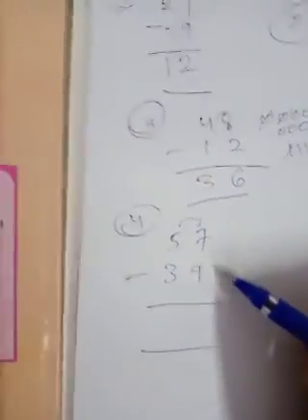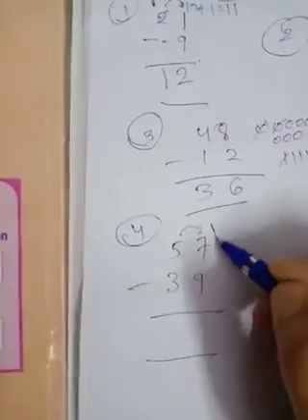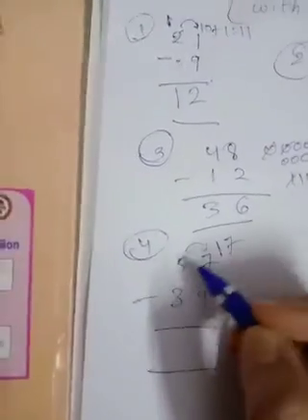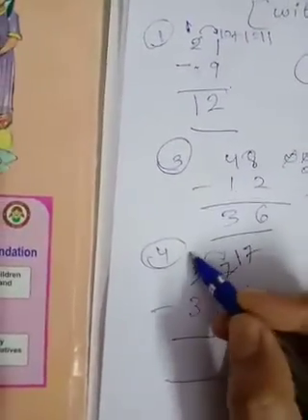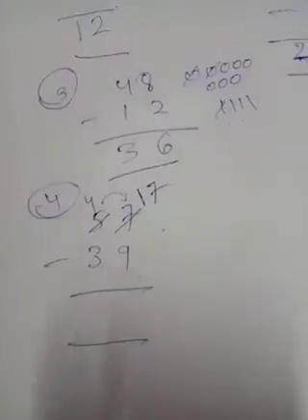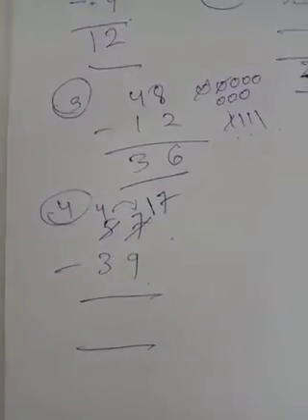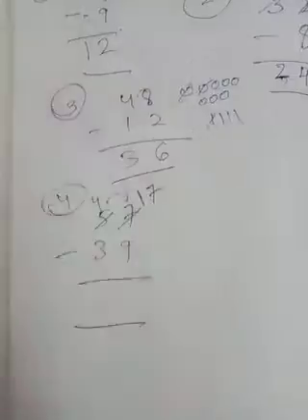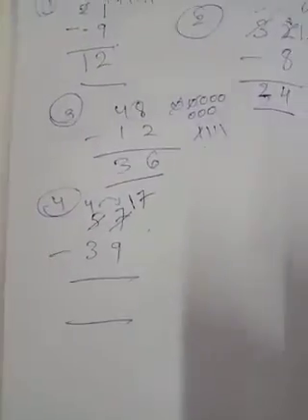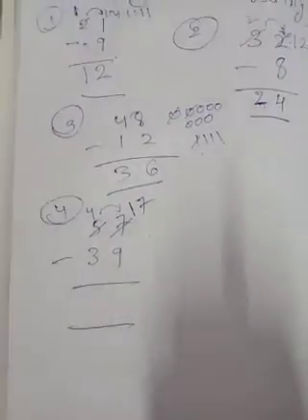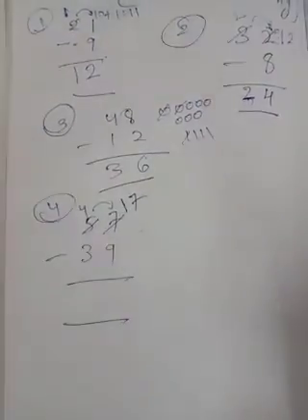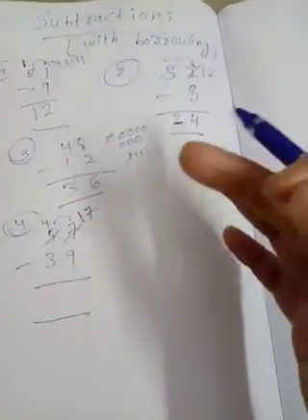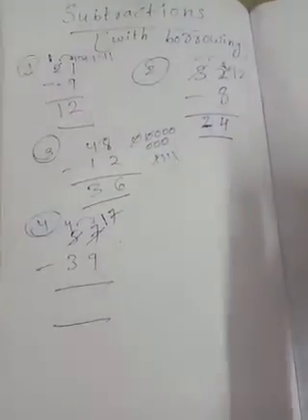Here 7 becomes 17, 5 becomes 4. First write it like this, and afterwards do the subtraction. 17 minus 9, how much? After 9, count till 17 on your fingers: 10, 11, 12, 13, 14, 15, 16, 17.